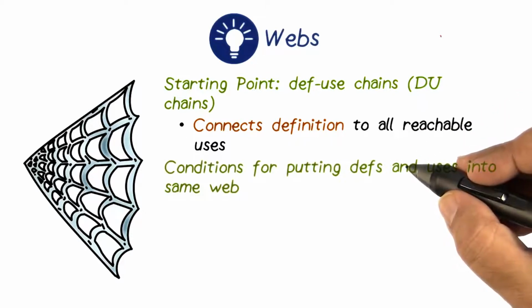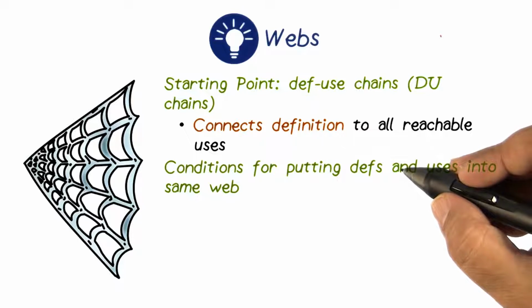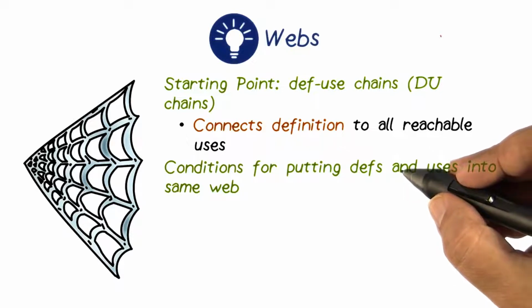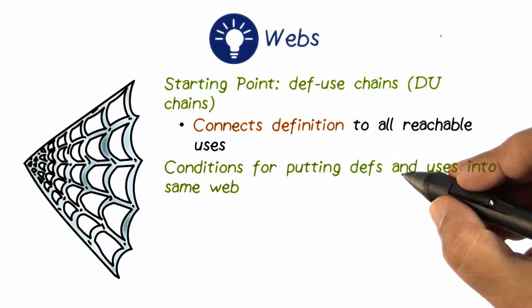A given use, on the other hand, may also be fed by multiple definitions, and all those definitions and the corresponding uses should be put into the same web. Because guess what? If we do not put them in the same web, we will have incorrect program semantics.